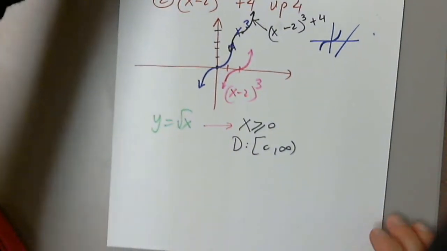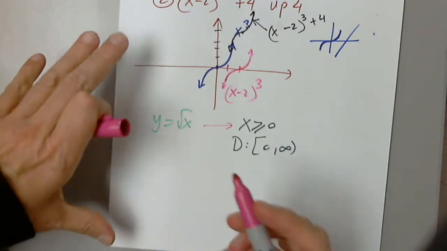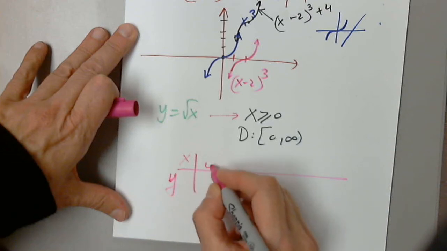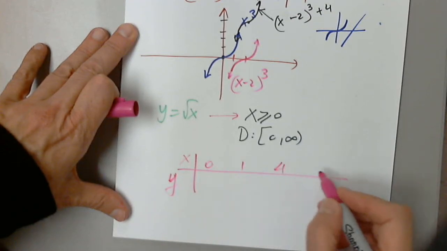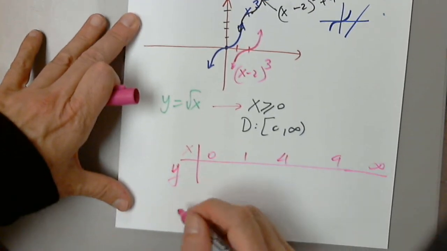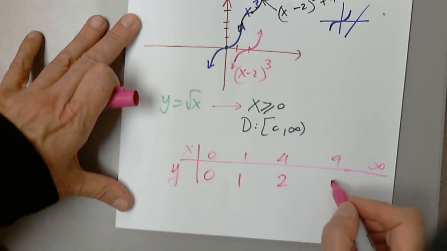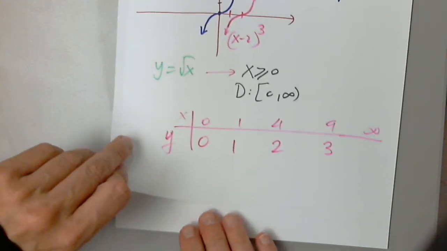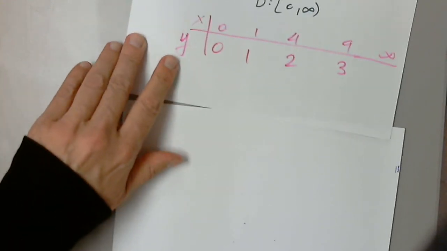Good. So now let's graph. We can use a table. I prefer that. 0, 1, 4, 9, infinity. 0, 1, 2, 3. We're going to use this table a lot. We know how to graph the square root of x.